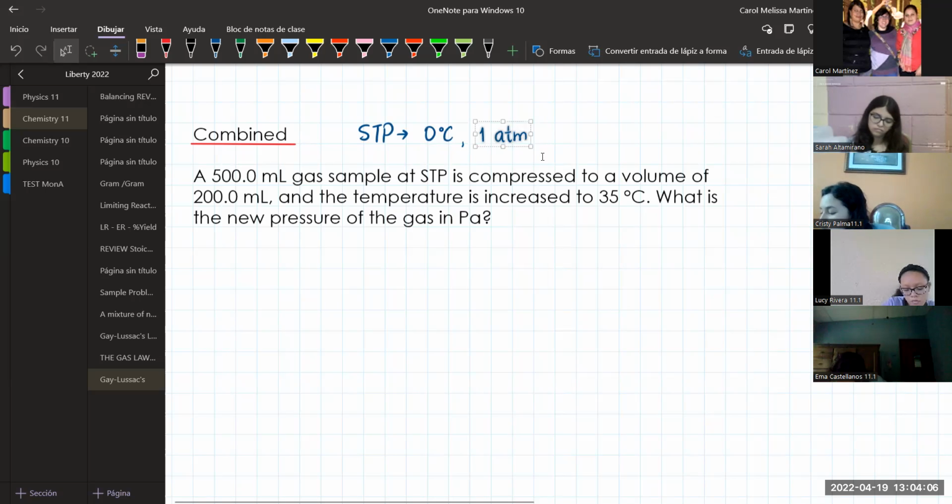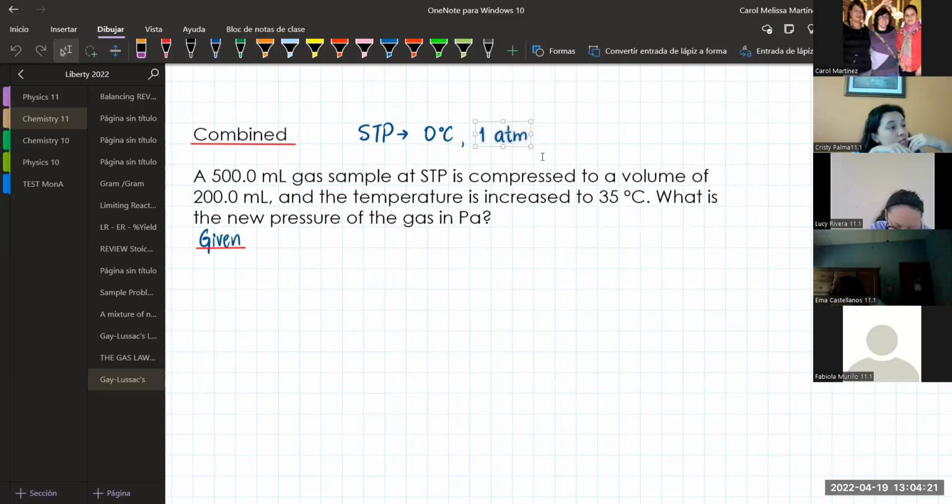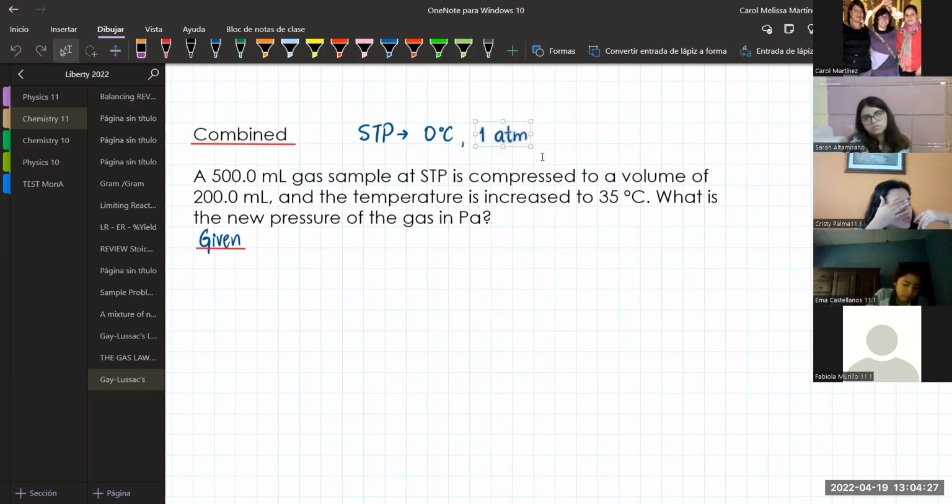So knowing this, we're going to start writing the givens. So this sample, initially, what was the volume? What was the initial volume of the sample? 500 milliliters.